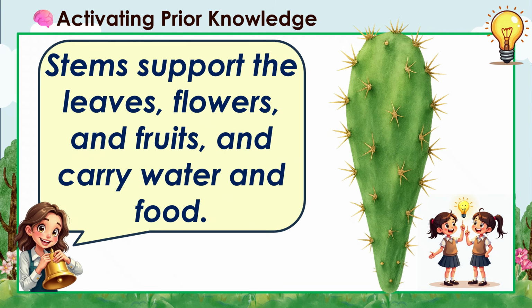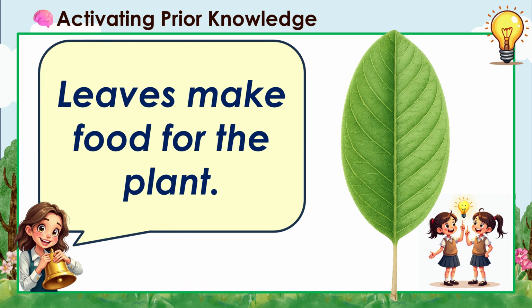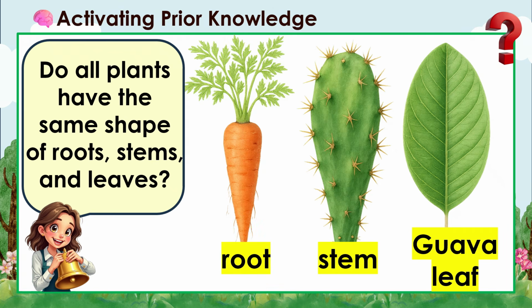Yes, stems support the leaves, flowers, and fruits and carry water and food. How do leaves help the plant? Yes, leaves make food for the plant. Do all plants have the same shape of fruits, stems, and leaves?